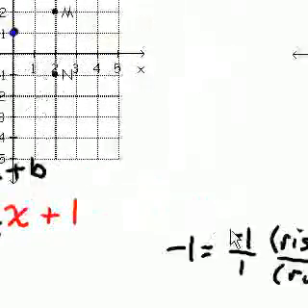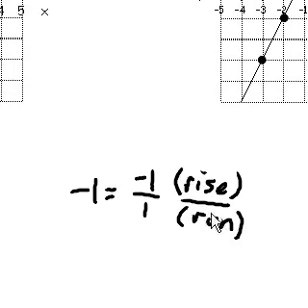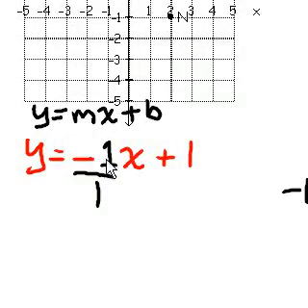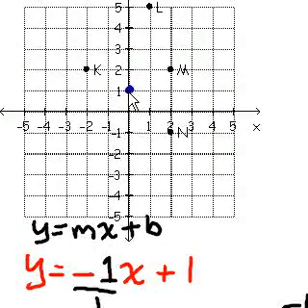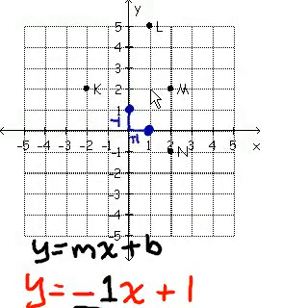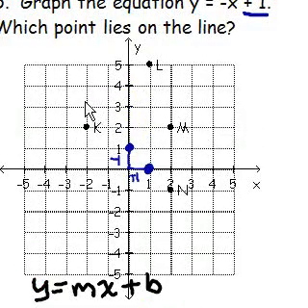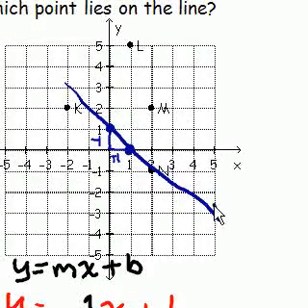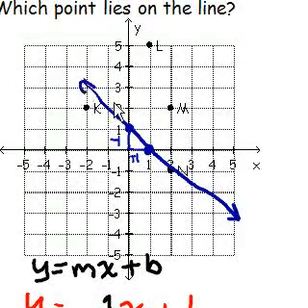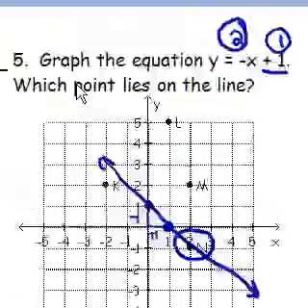Remember our slope is always rise over run, and right here I see that it's negative 1 over 1. So our rise will be, we'll go down, that's our rise of negative 1, and then we'll go over to the right 1, and that's our run of positive 1. And we'll plot a point, and we will just draw our line right through those points.